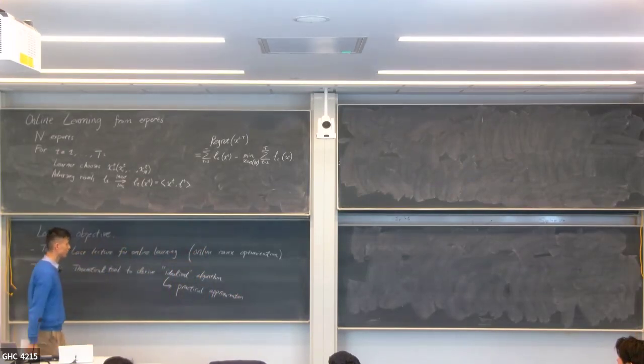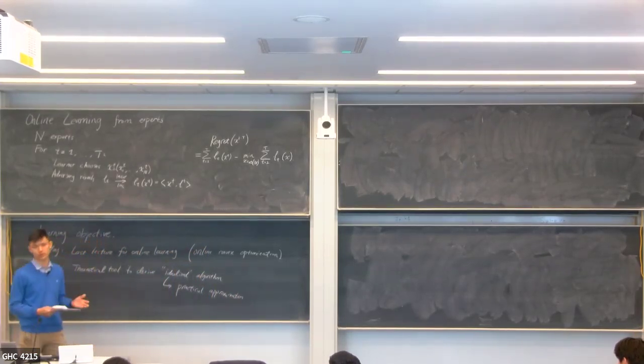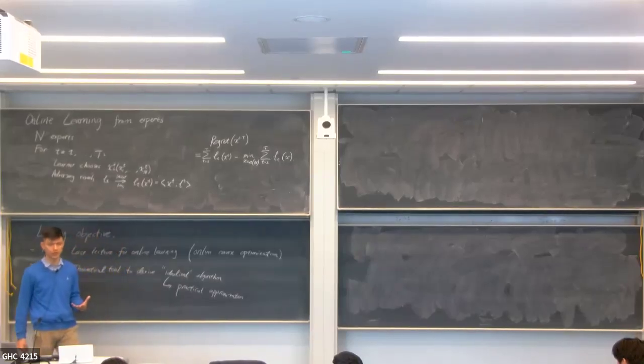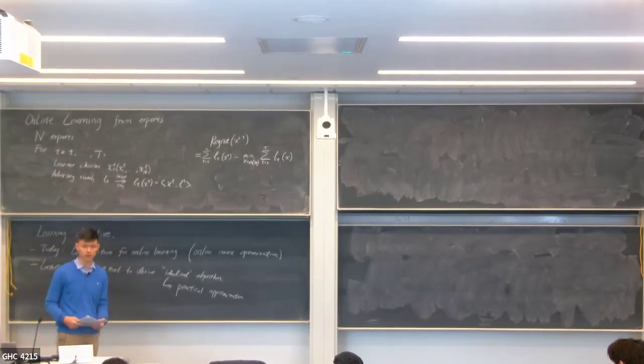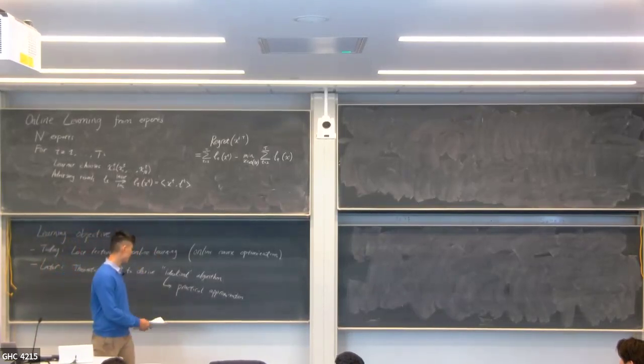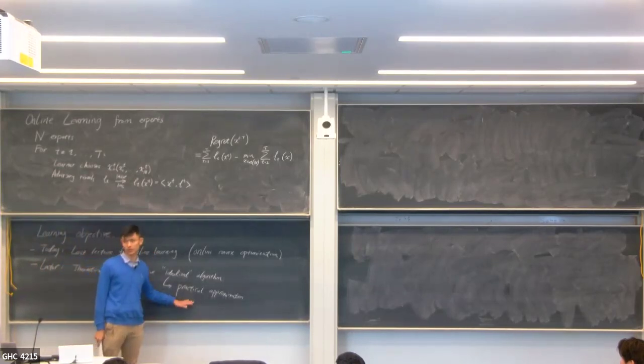Something you might gradually get used to in this class is that, and it's mostly a matter of taste, we often like to derive what we regard as the idealized algorithm. If you don't care too much about computation or memory, what's the idealized algorithm you would write down that has a guarantee? And then, we live in the real world, which is far from perfect, so we'd like to think about what is a reasonable practical approximation to that idealized algorithm.